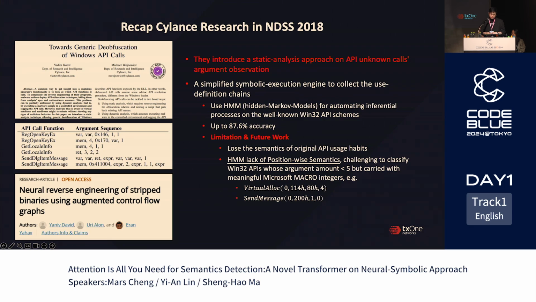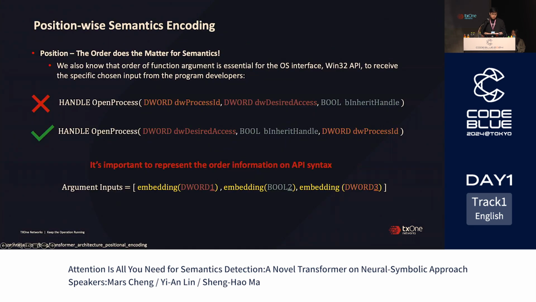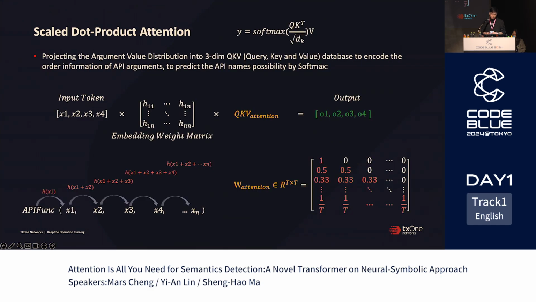But why is precision information so important? Significantly, it's closely related to the importance of semantics, and we apply precision-wise semantic encoding in our model. Because scaled dot product attention can effectively capture not only the numerical distribution typically found in API parameter data, but also the different semantics that each API's precision should inhabit through the precision encoding in attention.